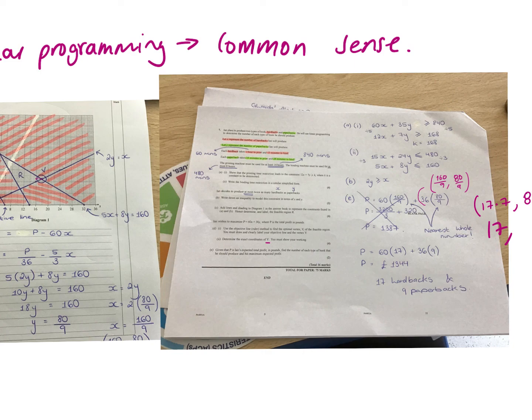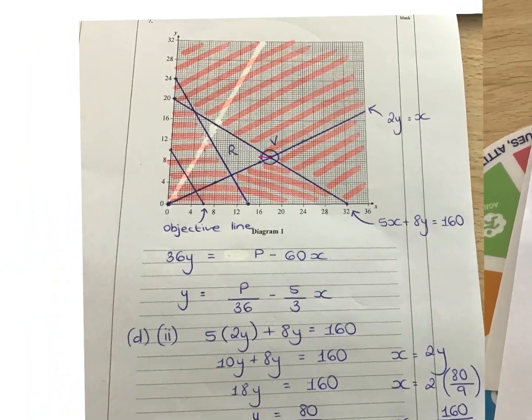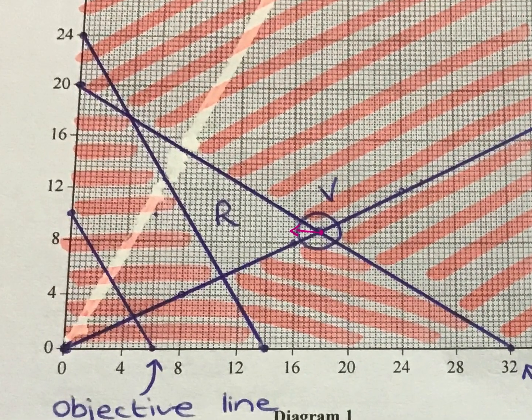Again, common sense, everyone, just really common sense. Then we have 8.8. If I look at my optimal region, 8.8 is roughly here. If I go across, I can slightly go up from 8.8. I would double check whether to round 8 up or down, because it's quite hard to tell from the graph.